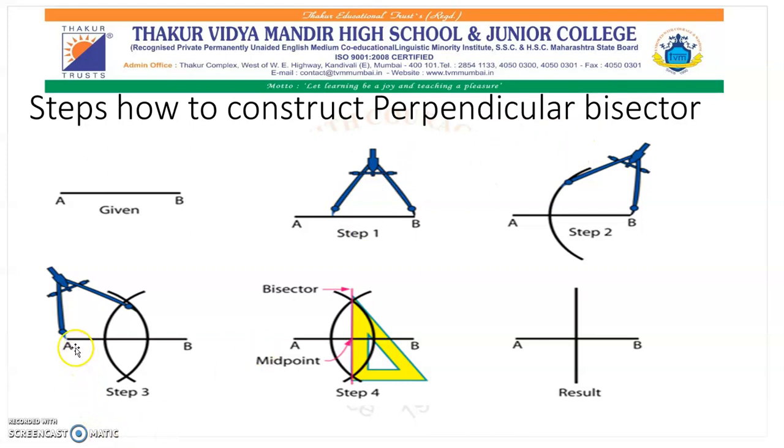Now change the position of the pointer to A. Again take the radius more than half of segment AB. Draw another arc intersecting the previous arc at points C and D. We get the perpendicular bisector of segment AB.